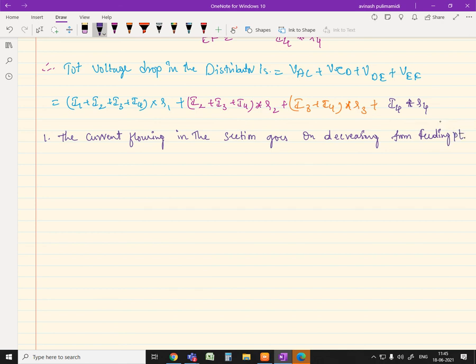The second point is that the voltage across the load points, away from the feeding point, goes on decreasing.